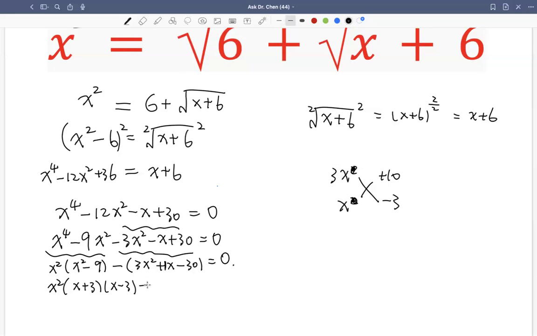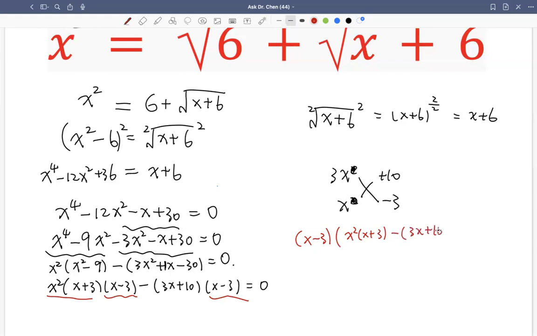So this one can be factored as 3x plus 10 and x minus 3. Now we have manufactured a common factor in those two groups, which is x minus 3. So we factor out x minus 3 from the two groups. The first term is left with x squared times x plus 3, minus 3x plus 10.